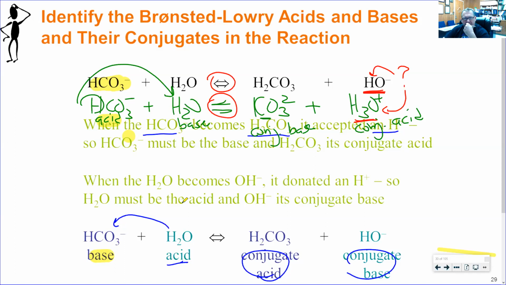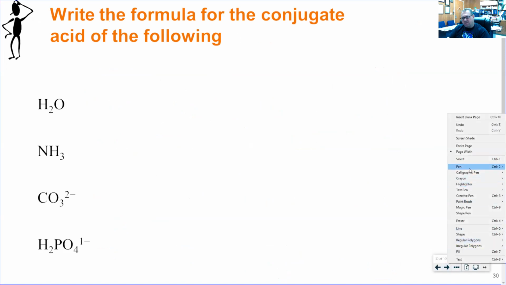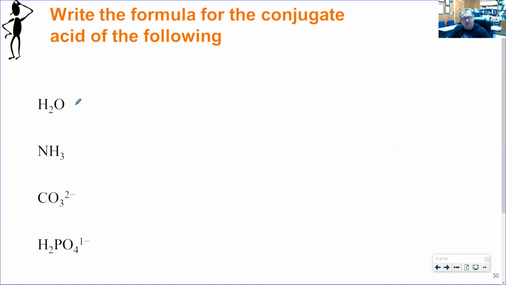Okay, so if we continue with that, we want to look at some example problems. We want to write the formula for the conjugate acid for each of these examples. I don't remember if yours has that in the notes or not. It probably does.